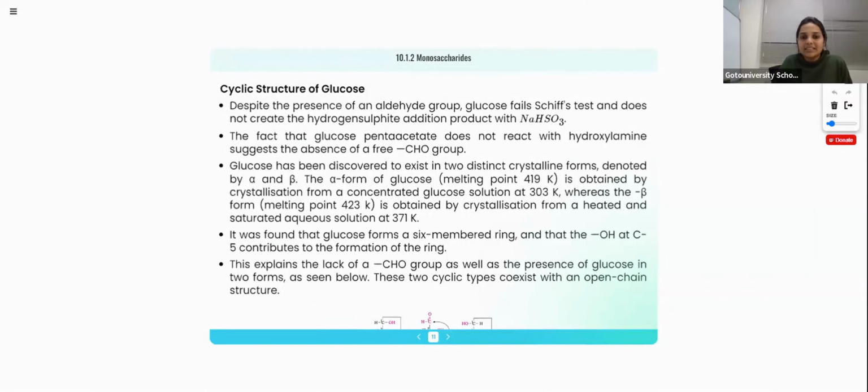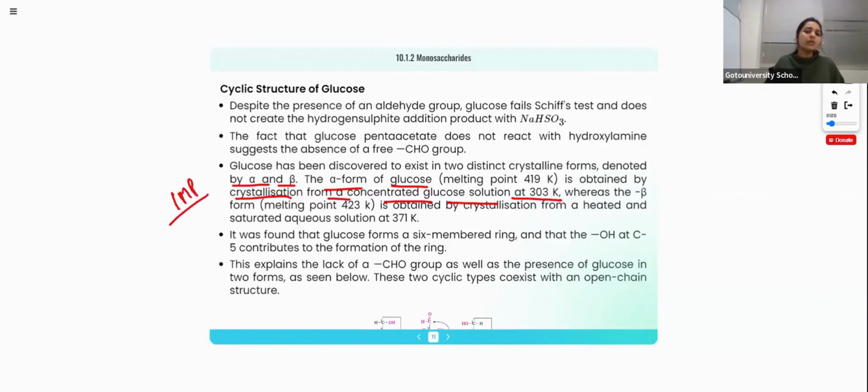Okay, glucose has been discovered to exist in 2 distinct crystalline forms, alpha and beta form. The alpha form of glucose is obtained by crystallization from concentrated glucose solution at 303 Kelvin. Important.